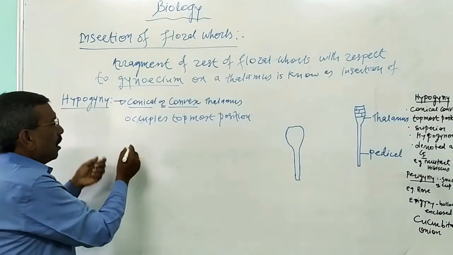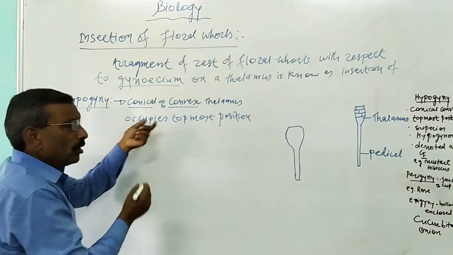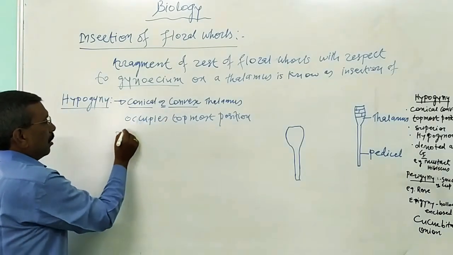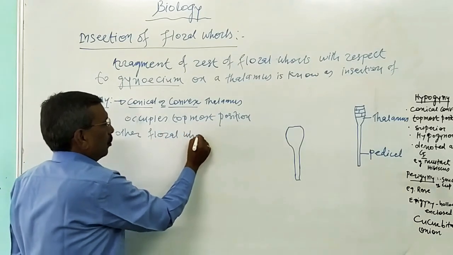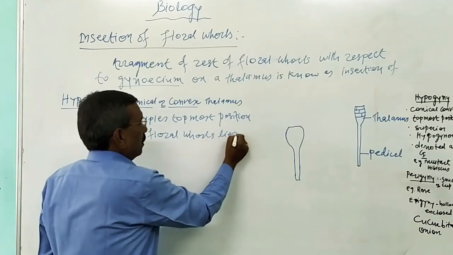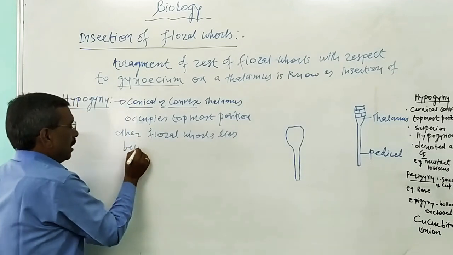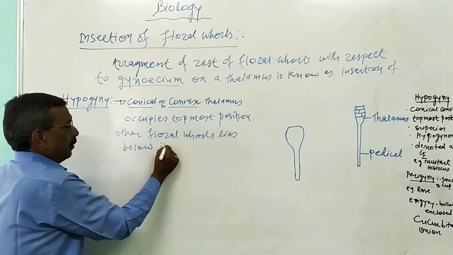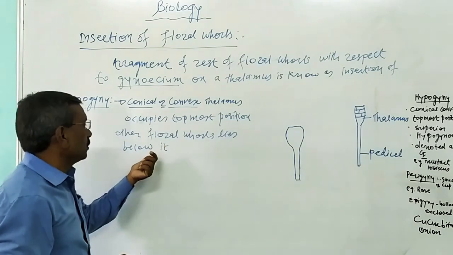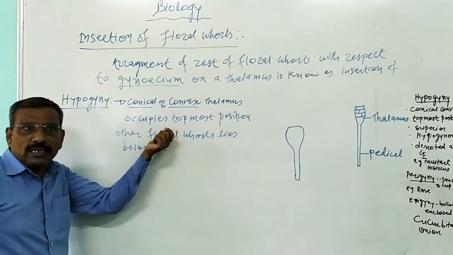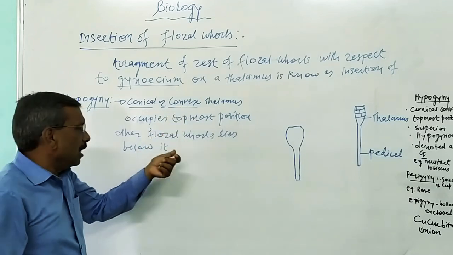Then next, the other floral organs lie below it, below the gynoecium. Which are the other floral organs? That is calyx, corolla, androecium, and they lie below the gynoecium.